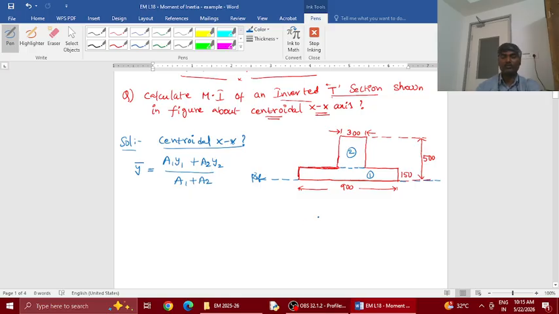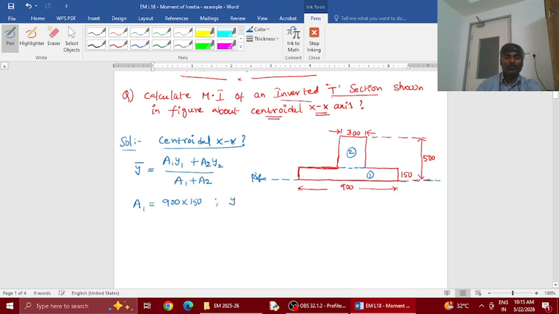What are those values? I'm going to write A1, which is the area of the first figure. The first figure is a rectangle which has 900 length and 150 depth. So 900 by 150 is the area.